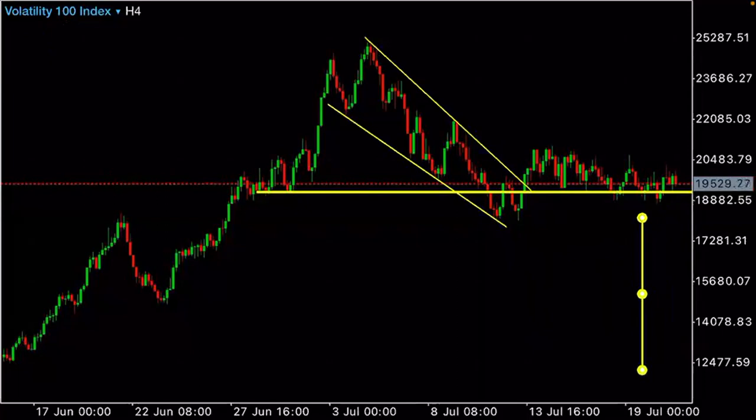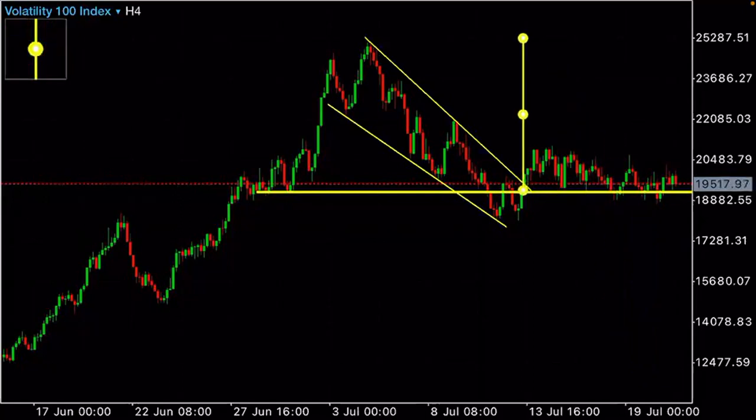So I always urge people to follow risk management. And it's very easy, especially when you are trading these synthetic indices. If you risk less on a synthetic index and you just know the direction of this thing, let's say it's going to the upside there, if you risk less and you hold your trade, you can close your trade at around a 1 to 10 risk reward ratio, which is a lot, guys.